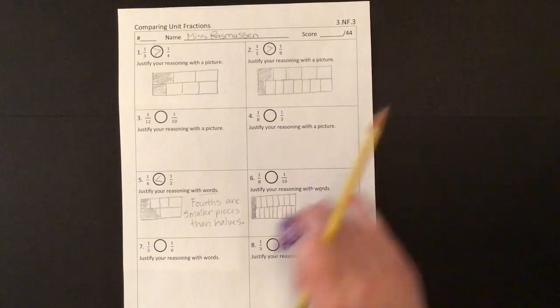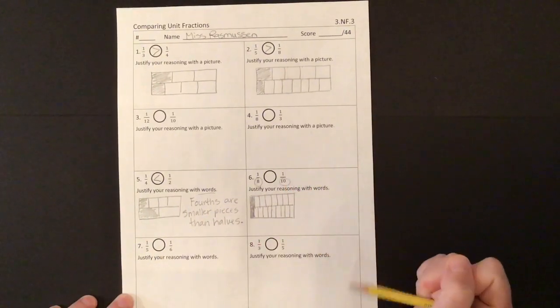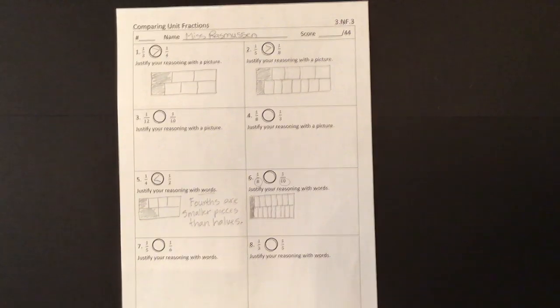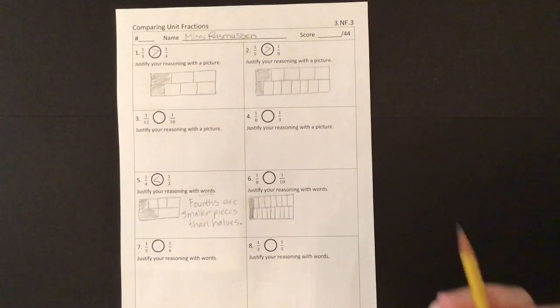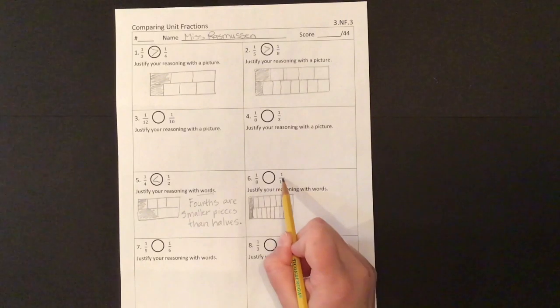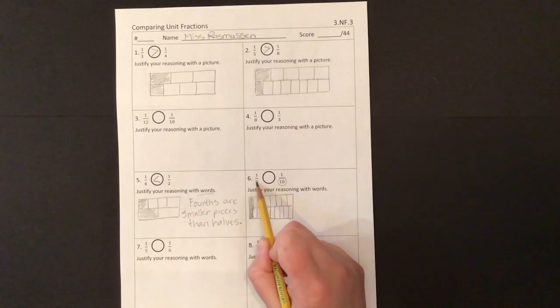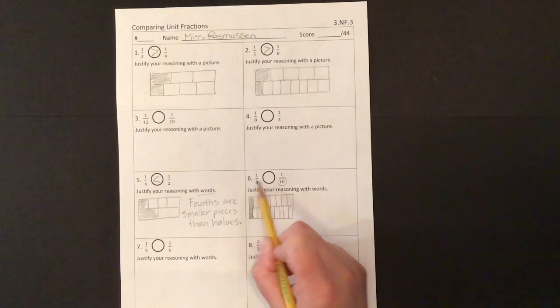Remember that the larger the denominator, that means the smaller the size. So 8 is a smaller number than 10. That means eighths are going to be just a little bit bigger than tenths.